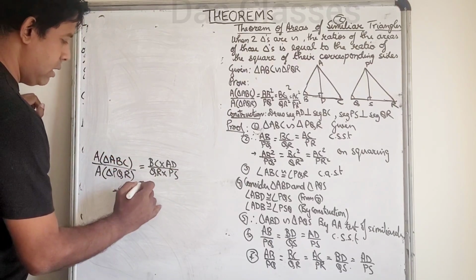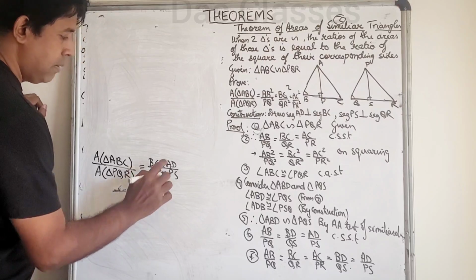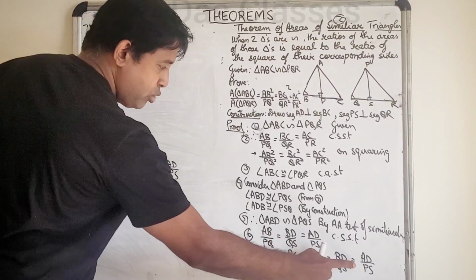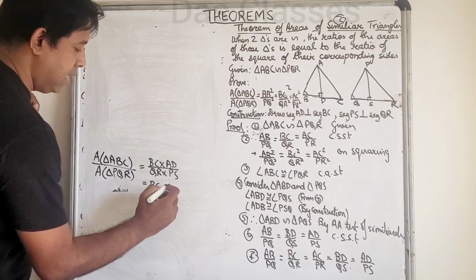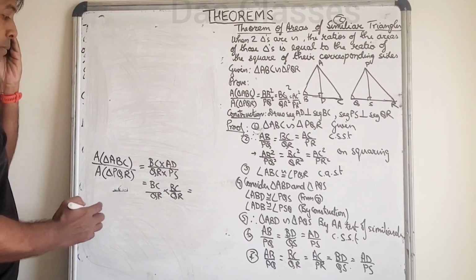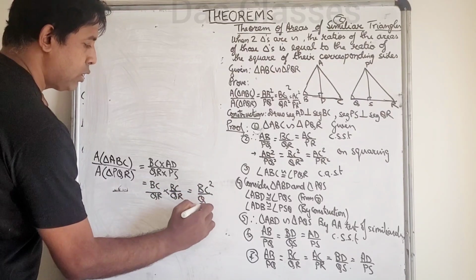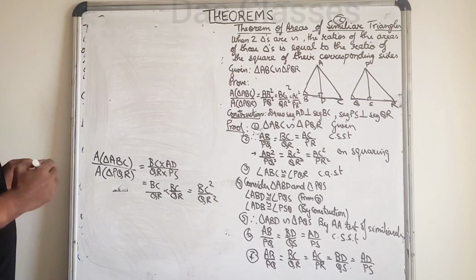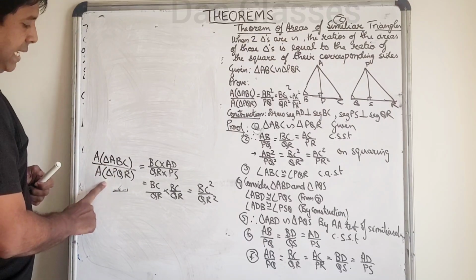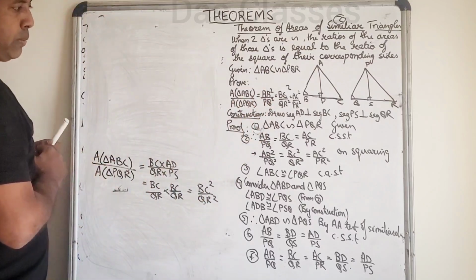Now BC upon QR we will keep as it is, but AD upon PS, as all these ratios are equal, so instead of writing AD upon PS, can we again write it as BC upon QR, which will be equal to BC into BC, that is BC square upon QR square. So you see, we have proved one of the parts, that is area of triangle ABC upon area of triangle PQR is equal to BC square upon QR square.